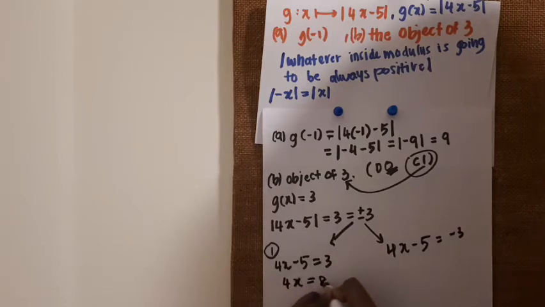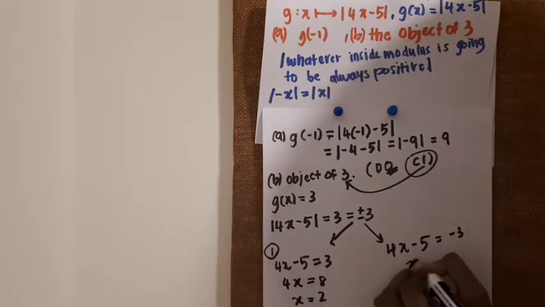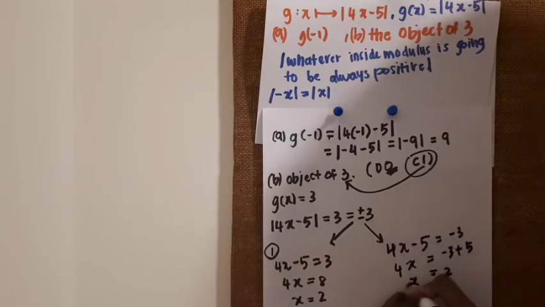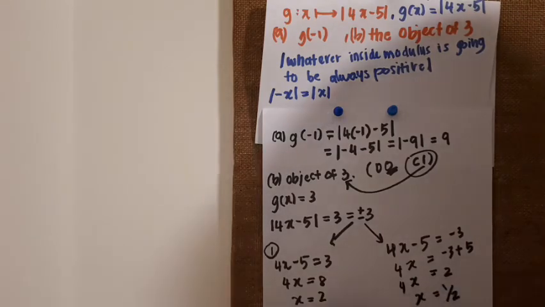You will get 8 here, and this is going to be simply 2, or you can always solve this using a calculator. It's going to be 2, and x is going to be half. So x can be 2 or x can be 1 over 2.